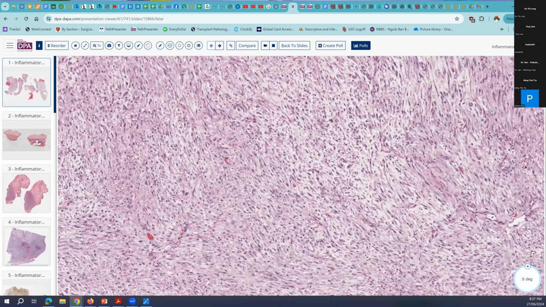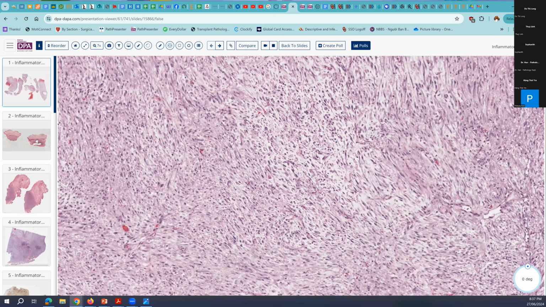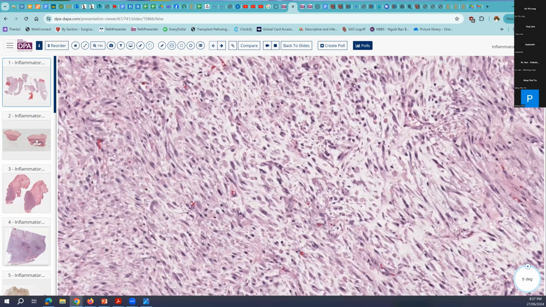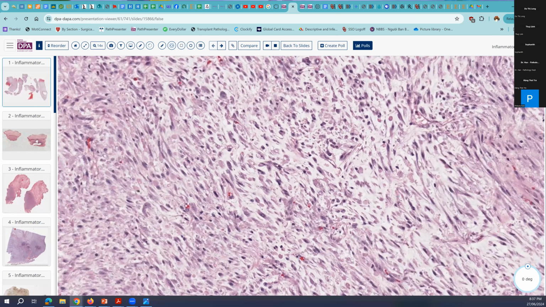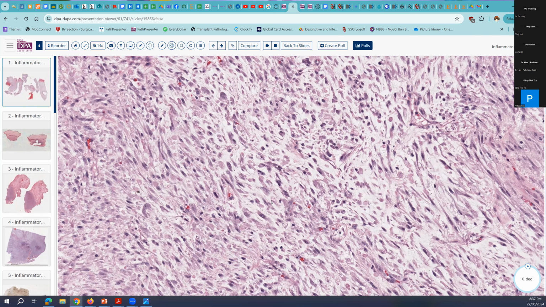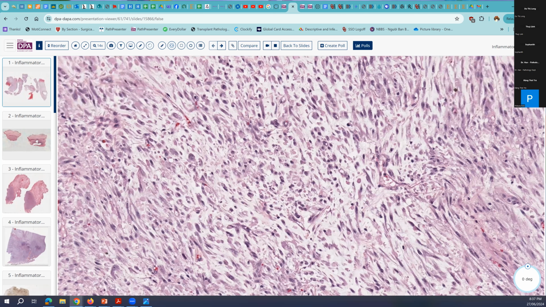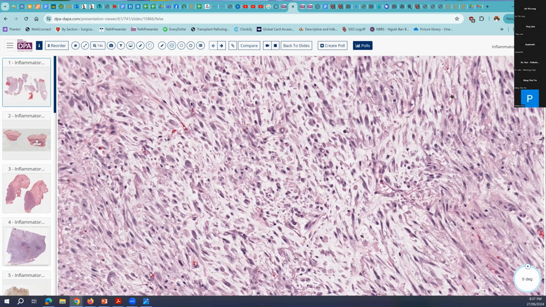This almost looks like a tissue culture appearance here. These very spindeloid cells, a lot of eosinophilic cytoplasm, a little bit of atypia, and some vasculature in the background. A lot of myxoid ground substance in between these cells. But these, of course, would stain quite differently. These will stain as myofibroblasts.